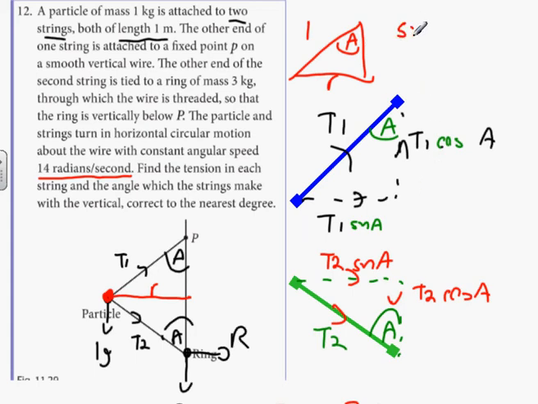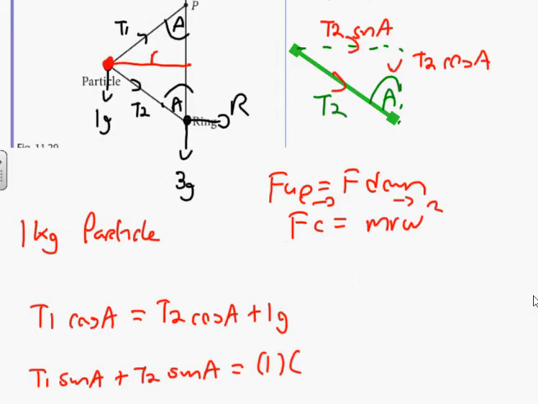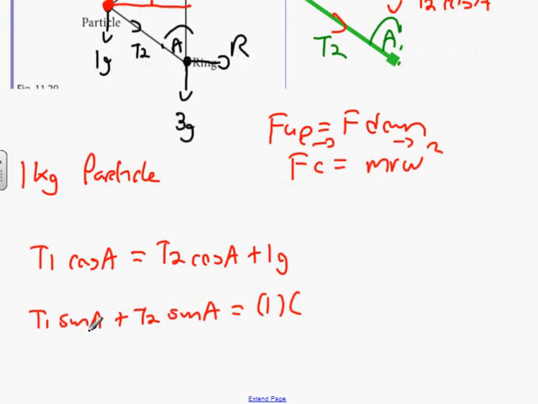So sine A equals r over 1, r equals 1 sine A, otherwise sine A. Is that right? So we're going to get the radius in terms of sine A and cos A. The reason you might know to do that is if you look to the left, you already have sine A's anyway. If you leave r in here, you're just adding a second variable to the equation, a variable that you can quite readily get rid of. So what we're going to do is change r to sine A.